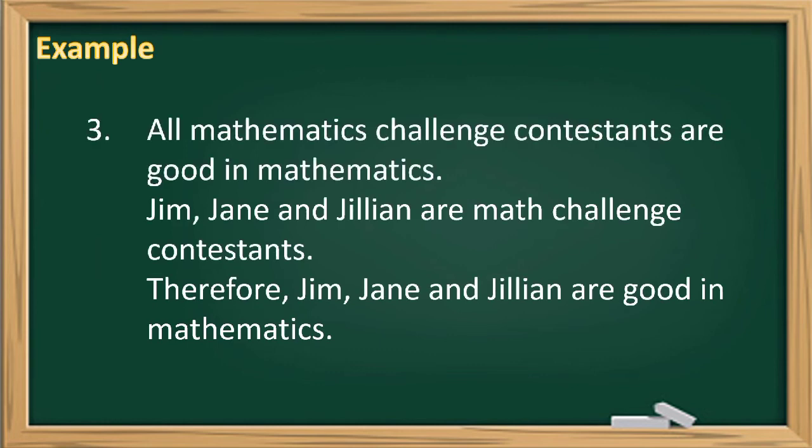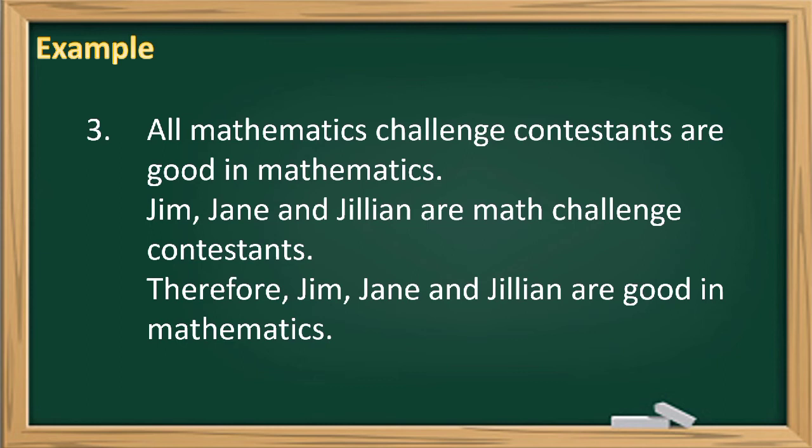Let's have another example. Number 3. All mathematics challenge contestants are good in mathematics. Jim, Jane, and Jillian are math challenge contestants. Therefore, Jim, Jane, and Jillian are good in mathematics.